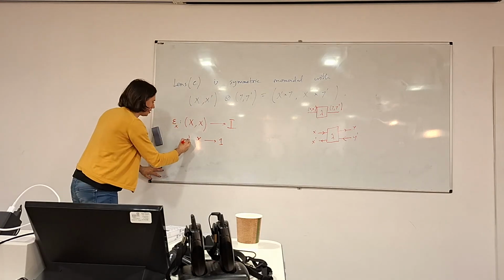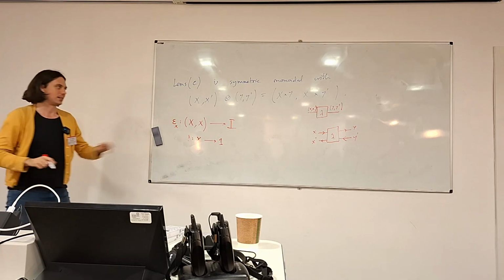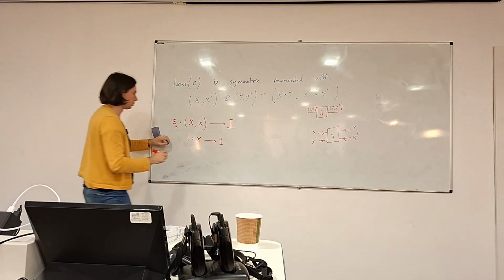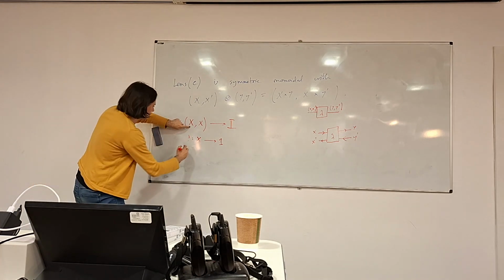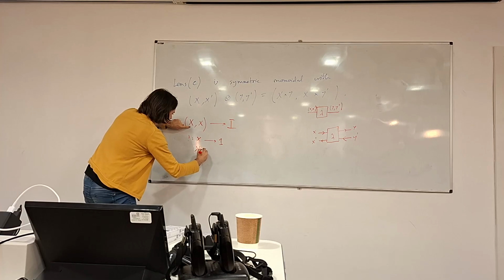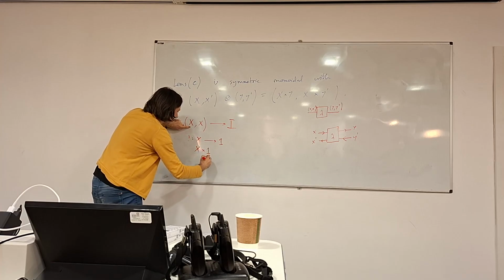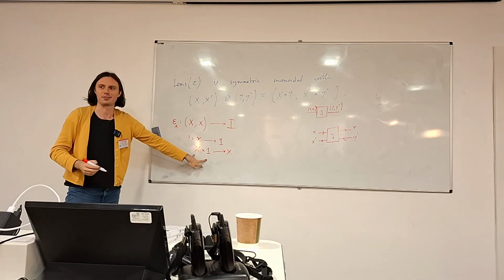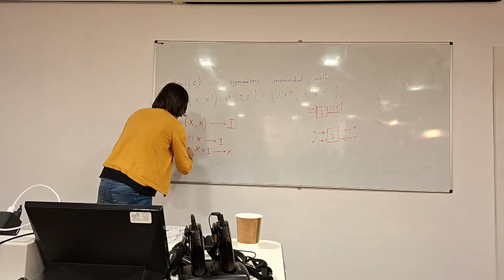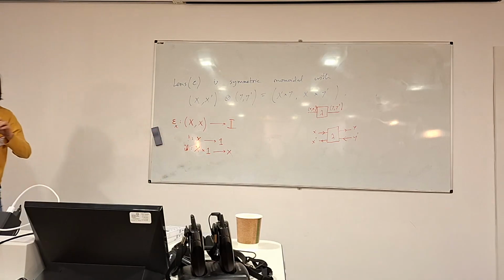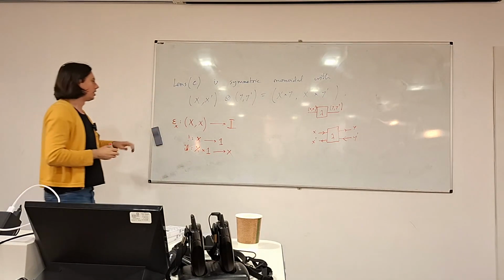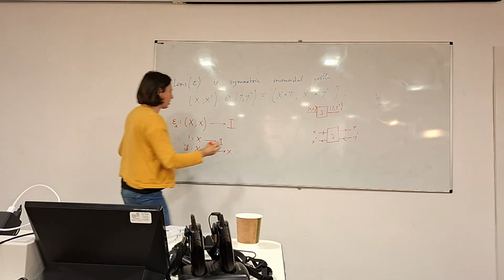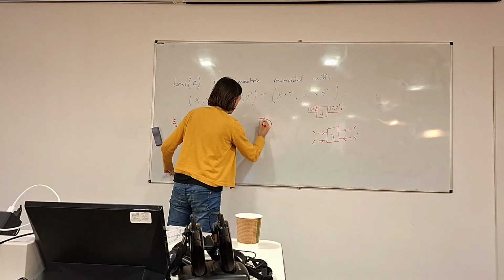And we have one of those because 1 is terminal in C. And then we need a backwards pass, which goes from x times 1 to x, and this is isomorphic to x. So this is the identity, up to some isos. So what this means is I'm going to draw this like this.